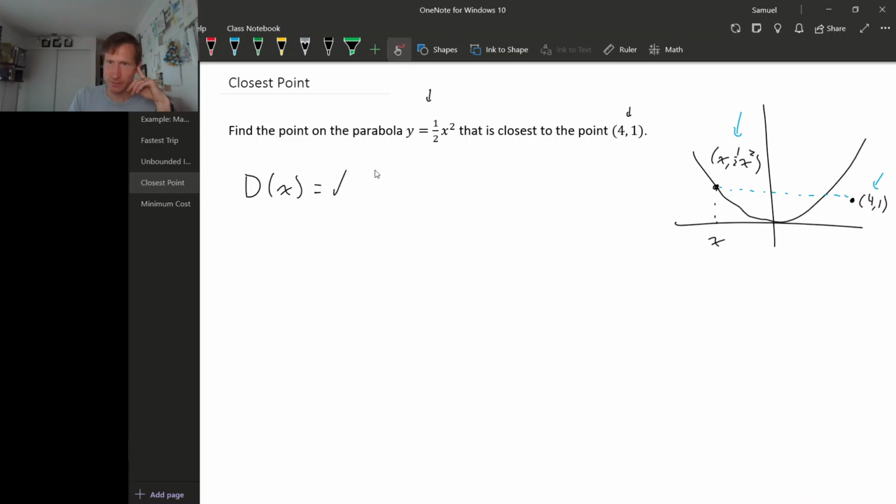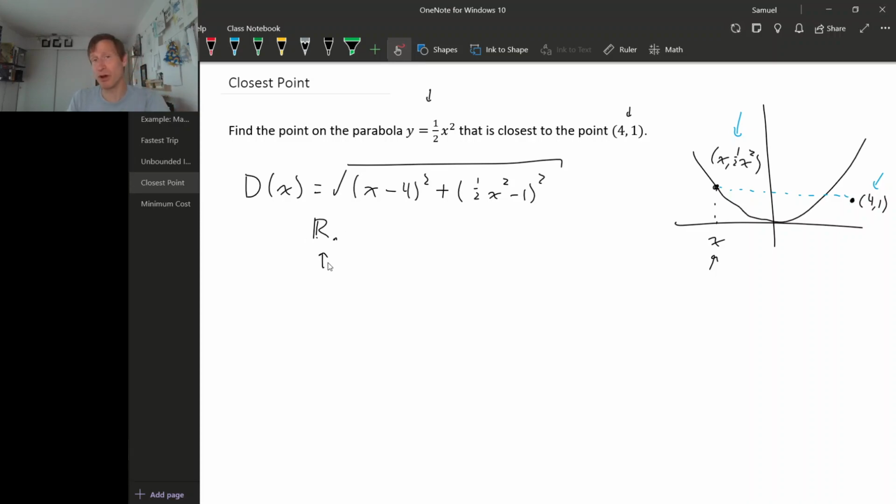So square root, the difference in x coordinates is (x minus 4) squared, plus the difference in y coordinates, (1/2 x squared minus 1) squared. All right, and the domain for this function, well, any x value is going to give us a point on this parabola, so the domain that we need is all real numbers. So, right, an unbounded domain.